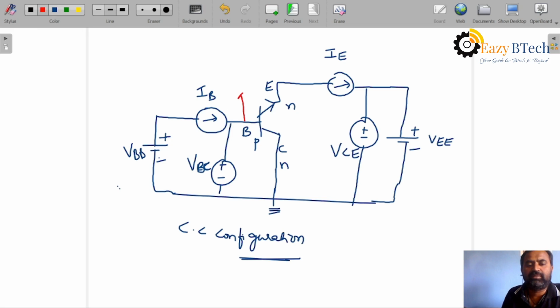The input side is the base, the output side is the emitter. This current is the input current, this current is the output current.